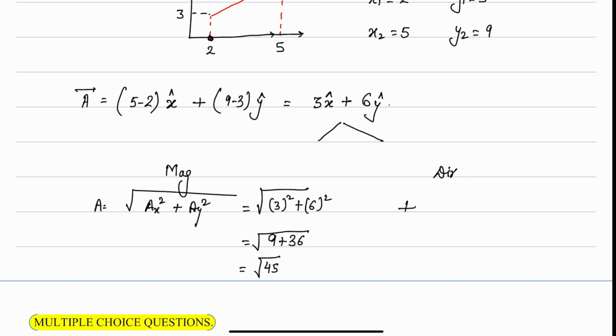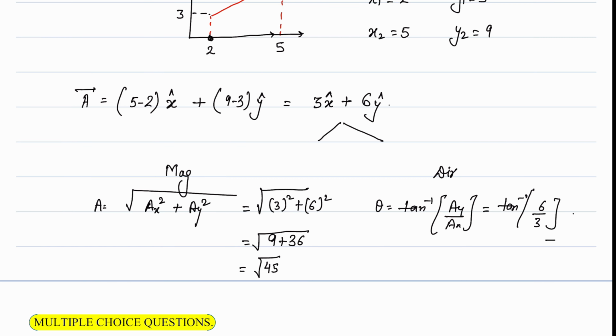And how to find direction? Theta equals tangent inverse ay over ax, which is tangent inverse 6 over 3. You can just solve it from your calculator. This is the method. Fine guys.